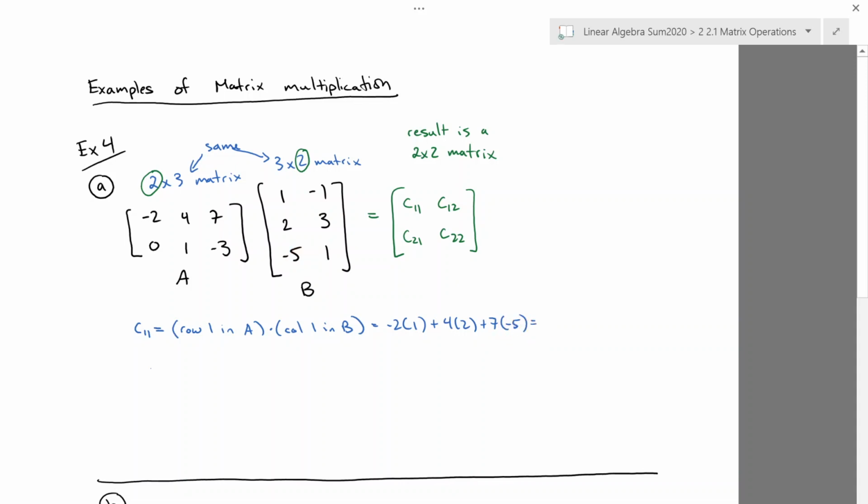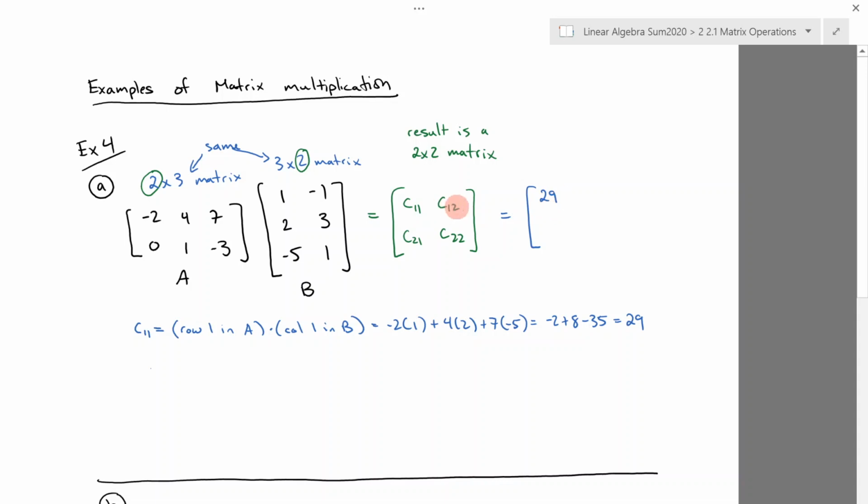Okay, so what do we get here? This is -2 plus 8 minus 35. So that's -37 plus 8, so that's 29. So the first entry here is 29.